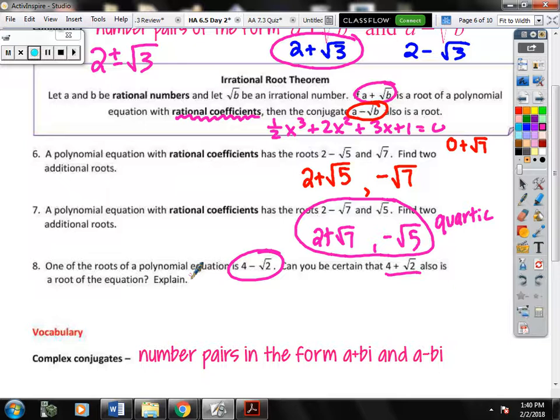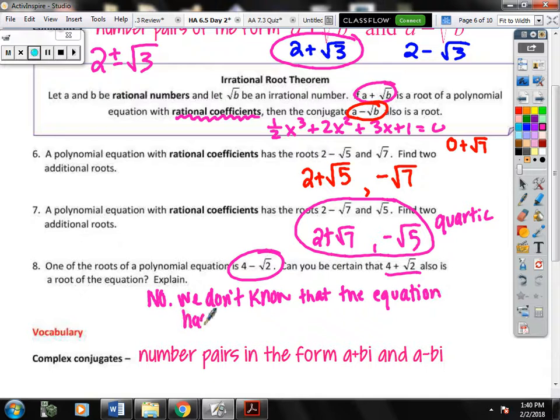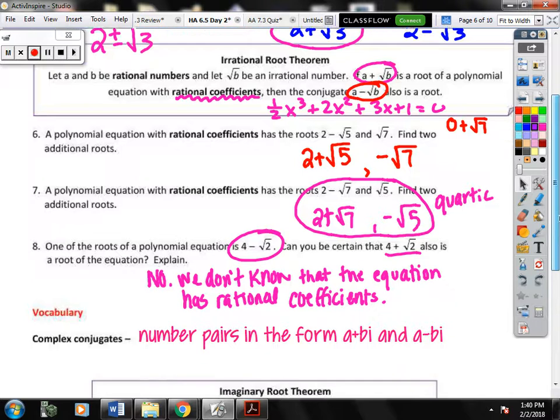So technically you don't know for sure. Because they don't give you the equation to be able to look at it and know that they're rational, and it also doesn't tell you. So you just have to be careful with that.